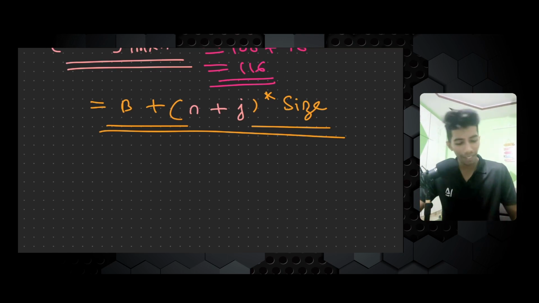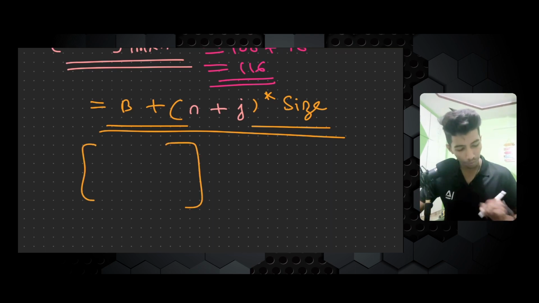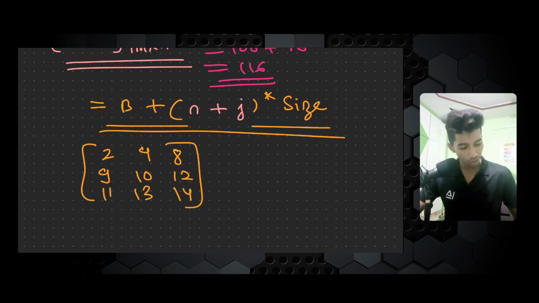Let's take one more case. Suppose there is a matrix like this again: 2, 4, 8, 9, 10, 12, 11, 13, 14, and let's take 15, 16 and 17, and I just want to find this particular element.